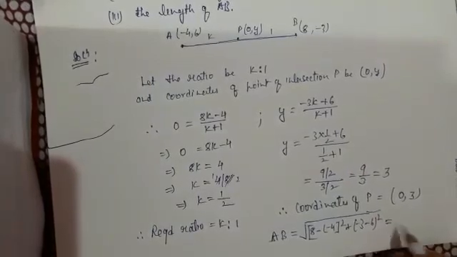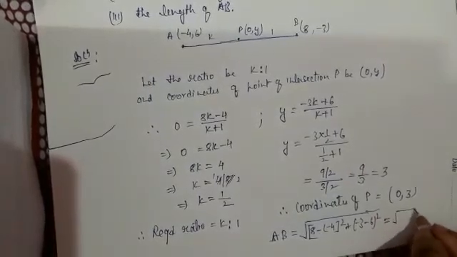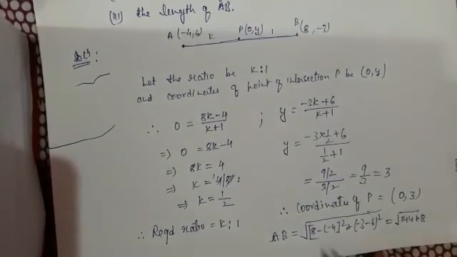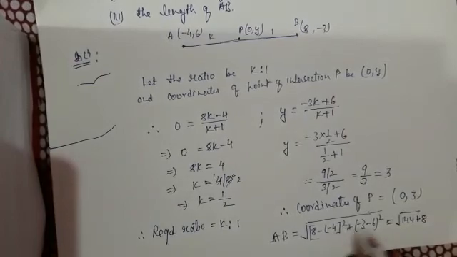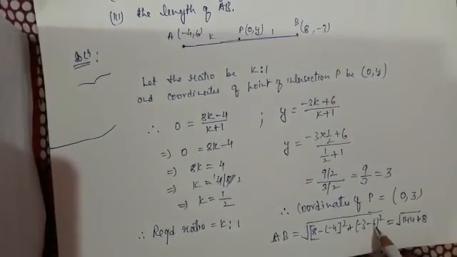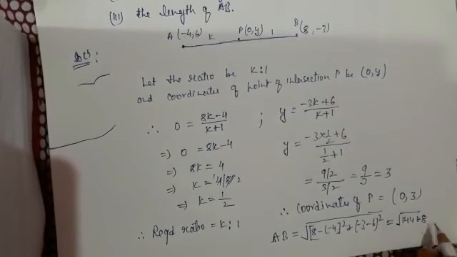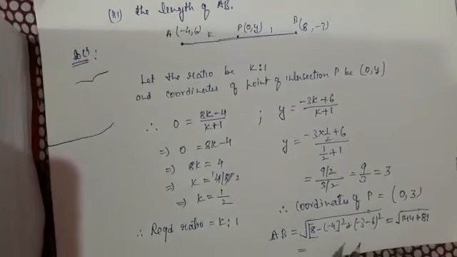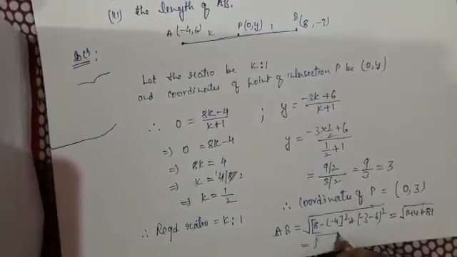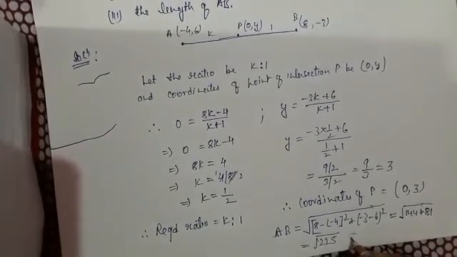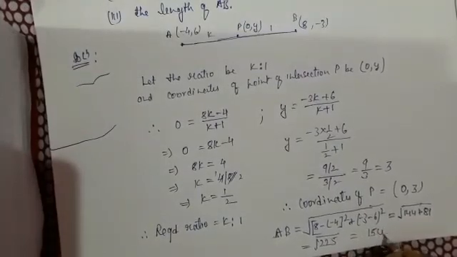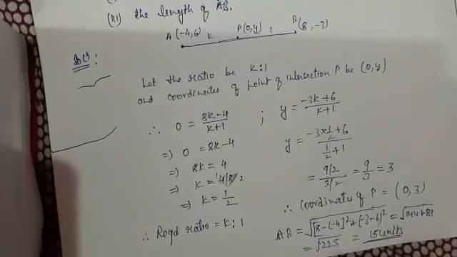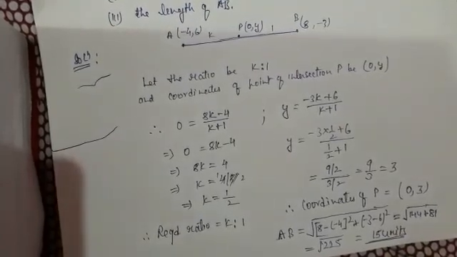On solving, we get root under 144 plus 81: 8 plus 4 is 12, so 12 square is 144, and minus 3 and minus 6 is minus 9, minus 9 square is 81. So it is equal to root under 225, which is equal to 15 units. So your answer will be 15 units. Length of AB will be 15 units.